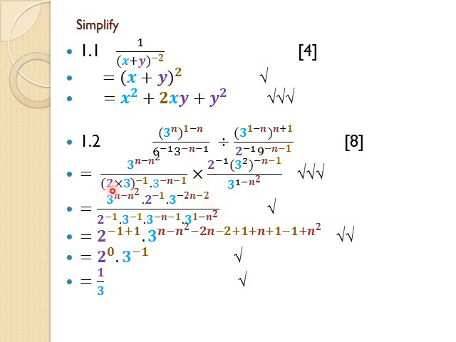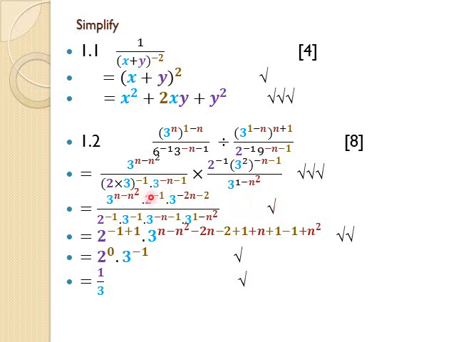The bottom, remember there's the invisible 1 on 2. So 1 times negative 1, 2 to the negative 1. 1 times negative 1, 3 to the negative 1, times 3 to the power (negative n minus 1), times 3 to the power (1 minus n) squared. Right, now multiply it out, 1 mark for correctly doing it.